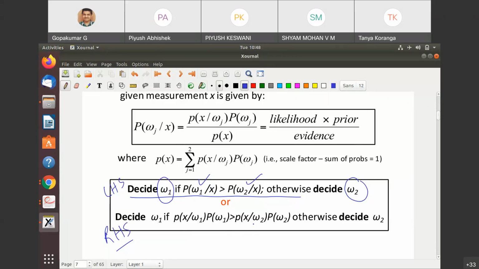So in that case, if the class conditional probability times the prior probability of W1 is greater than the corresponding value for W2, then we decide W1, otherwise W2. The rule is actually the same, only one is based on the LHS posterior probability value and the other is in terms of the likelihood and the prior. That is the decision rule we can make.